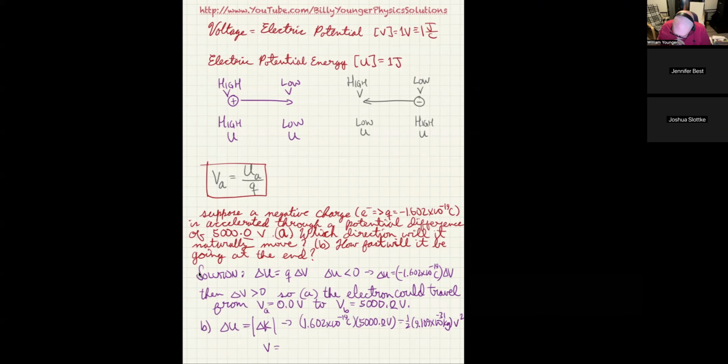Now I'm going to multiply it by 2 to get rid of the 1/2 on the right, and then divide it by 9.109 times 10 to the negative 31st. And that's going to give me 1.75 times 10 to the 15 is equal to V squared.